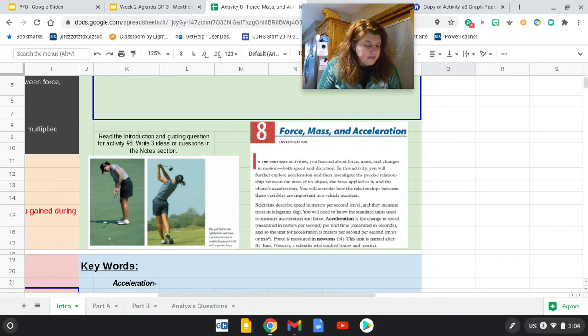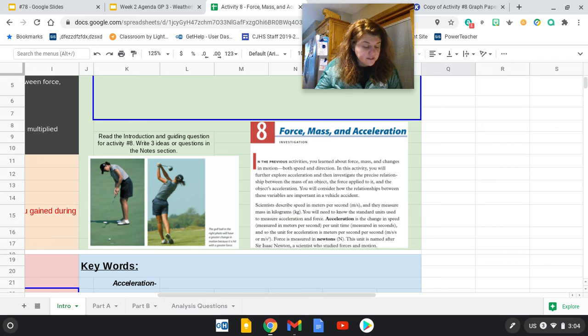Scientists describe speed in meters per second, m/s, and they measure mass in kilograms, kg. You will need to know the standard units used to measure acceleration and force. Acceleration is the change in speed measured in meters per second, per unit time measured in seconds.